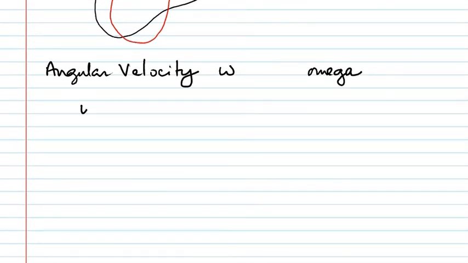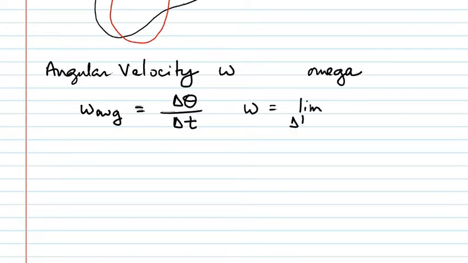And the omega, its average value is going to be the change in the angular position of the object divided by the elapsed time, or the instantaneous angular velocity is going to be, kind of have to go back to chapter 2 and compare to that. It's going to be the limit as the elapsed time approaches 0. Kind of says do the experiment as quickly as possible of the angular displacement divided by the elapsed time.